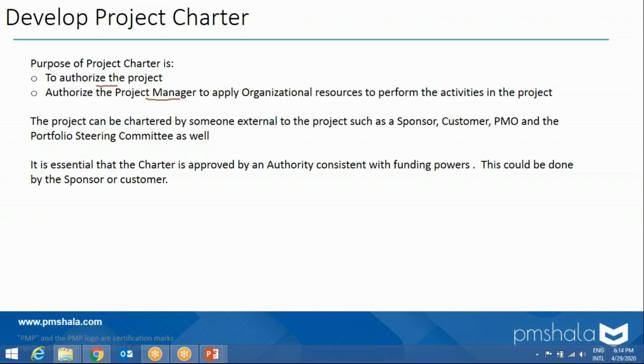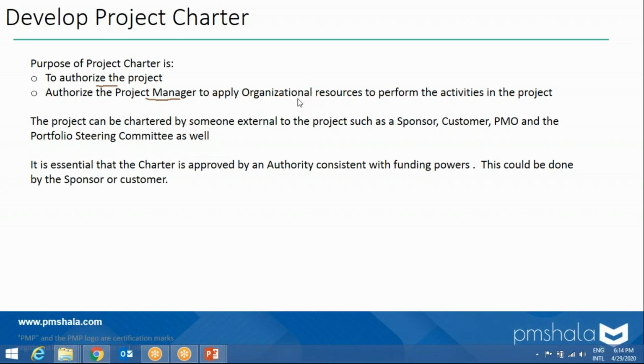So I would summarize both statements. One, it authorizes the project. Second, it authorizes the project manager for the project. Also, watch the way it works: the sponsor is going to formally issue the charter to the PM. By doing that, it is empowering or authorizing the project manager. View it that way. All right, so this is all about the charter.